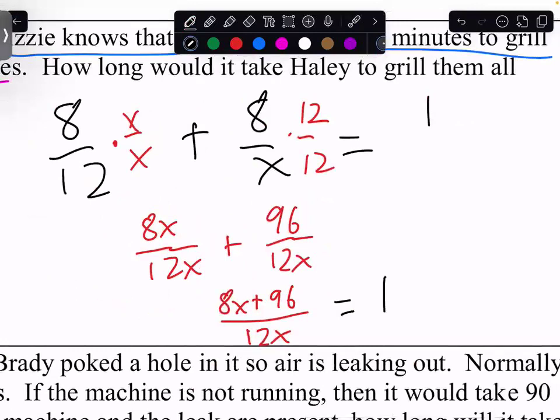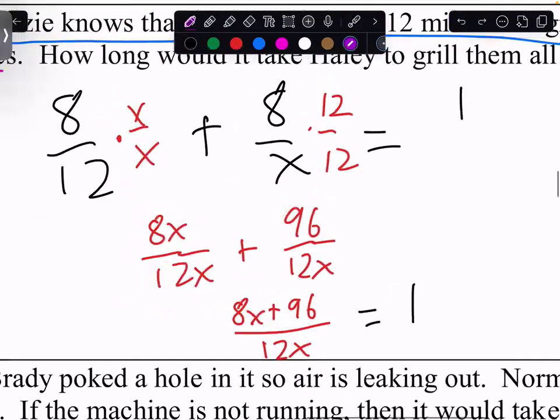But then another strategy I suggest is, if you have a denominator, you can get rid of it by multiplying both sides by that denominator. So here we're multiplying both sides of the equation by 12x. Notice it's not 12x over 12x.